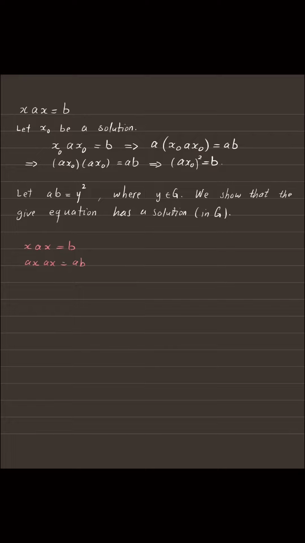The left hand side I can write as (ax) squared equals ab, but instead of ab now I can put y squared, so it means that (ax) squared is equal to y squared. Then I can see what to do. If ax becomes y, then I am more or less done. So this is a motivation to find rather than just guess.